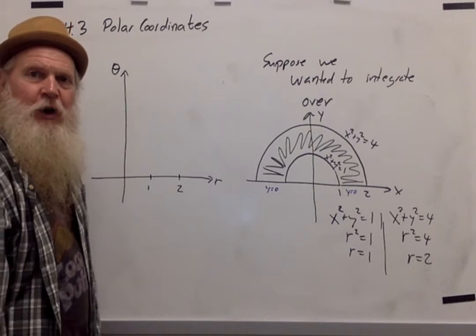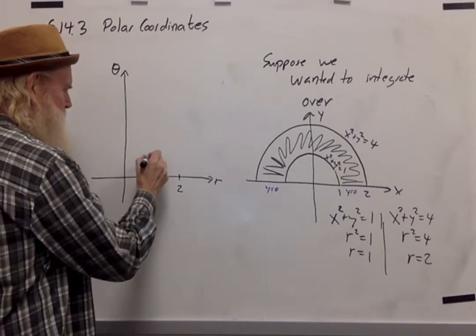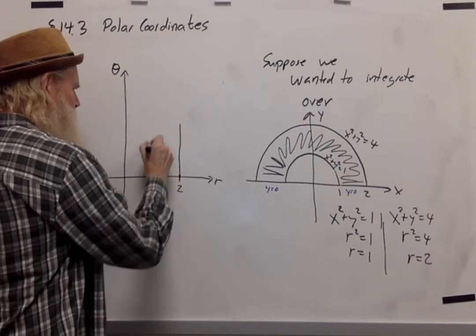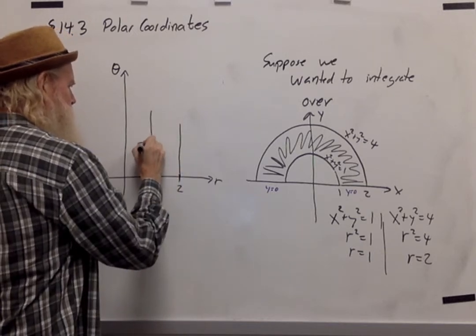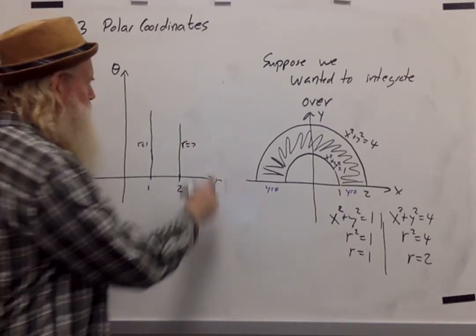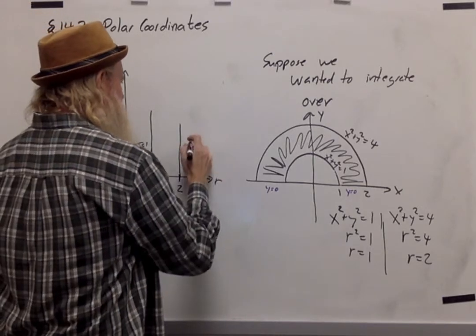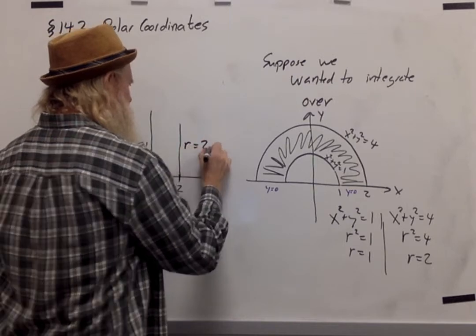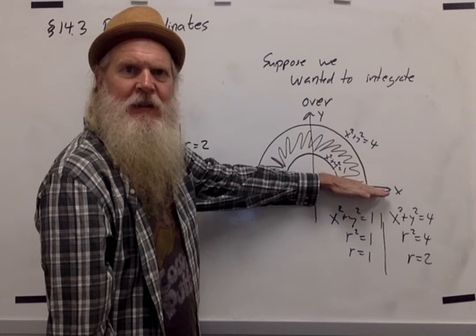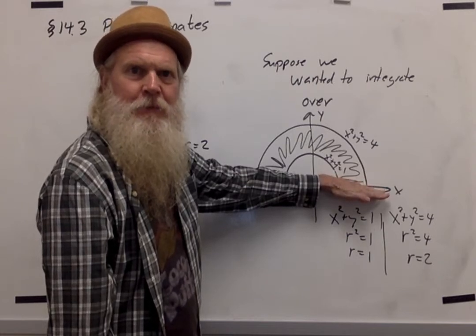So over in the r theta plane, I'm going to be staying in between the lines r equals 1 and r equals 2. Now what's happening with respect to theta? Well, over here on the positive x-axis, theta is equal to 0.